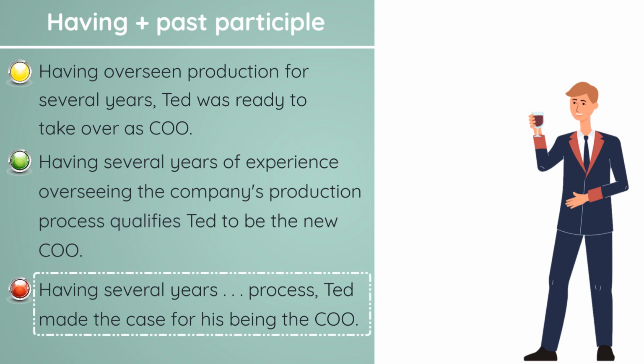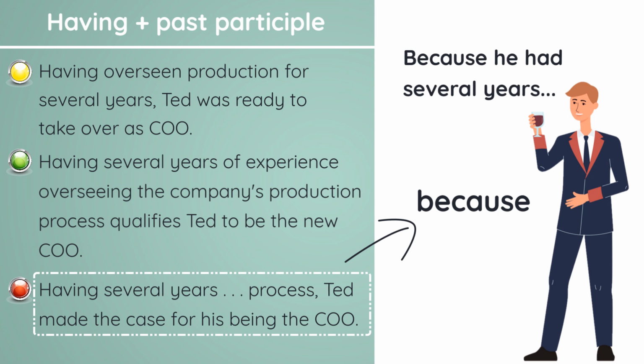This one. Having several years of experience overseeing the company's production process, Ted made the case for his being the COO. Here, the understood conjunction should be because he had several years. Now, what's going on here? This is not the same having as this having. This means because he had. So this had is a past tense of have, and it's the possessive, like he has it.